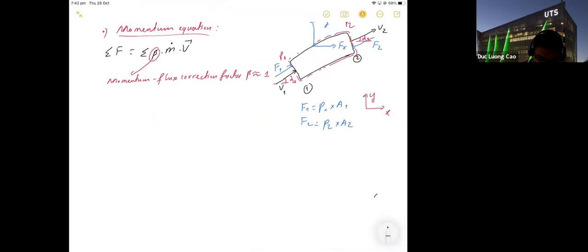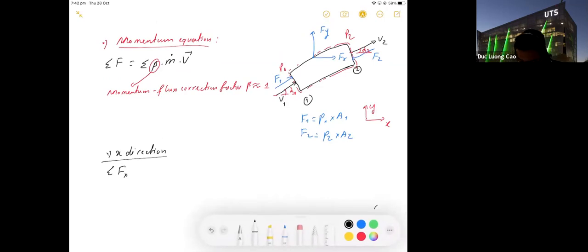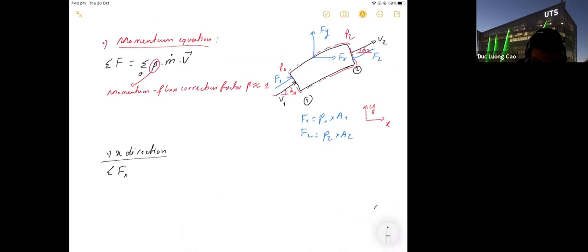Okay, so how to write the momentum equation in x and y direction? In the x direction, we will have sigma F in x direction equal to sigma beta m v out minus sigma beta m v in.